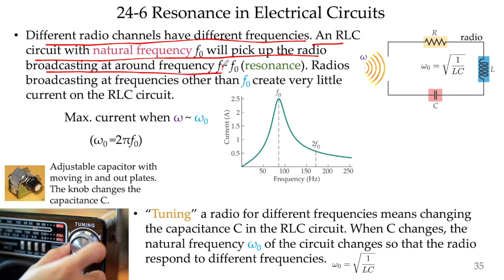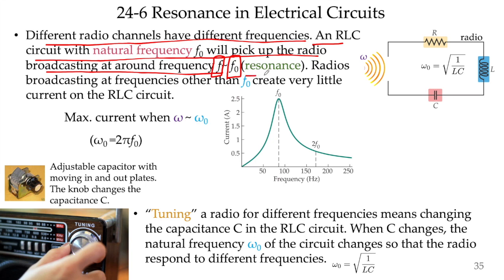So let's say the radio is broadcasting with frequency F, let's say 100 megahertz. If the natural frequency of your circuit is 100 megahertz, that means your circuit, which is a radio, will pick up the radio channel of which the frequency is the same, 100 megahertz.